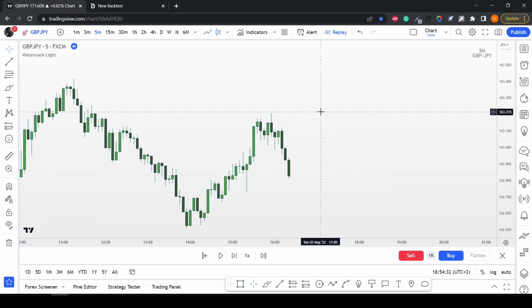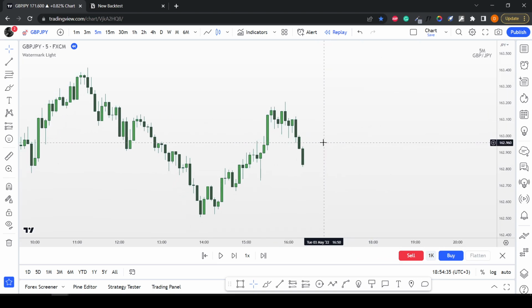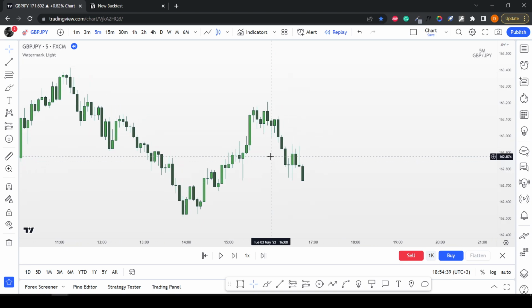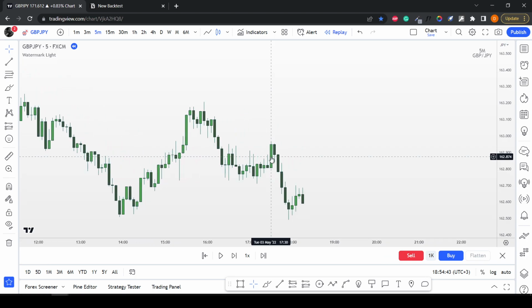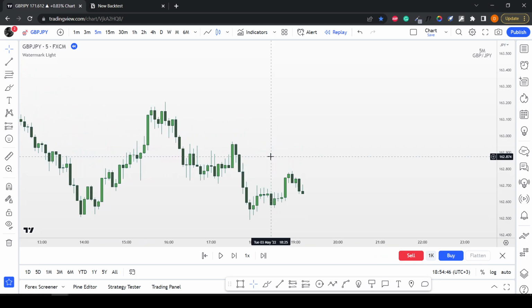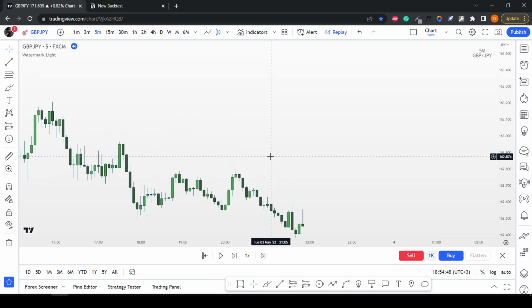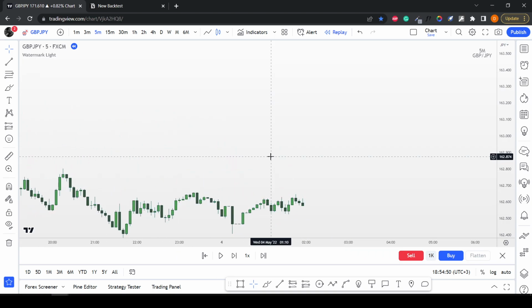Okay, broke, invalidated, no entry here. Starting to go down, so this is the evening, and just keeping the Asia like this.